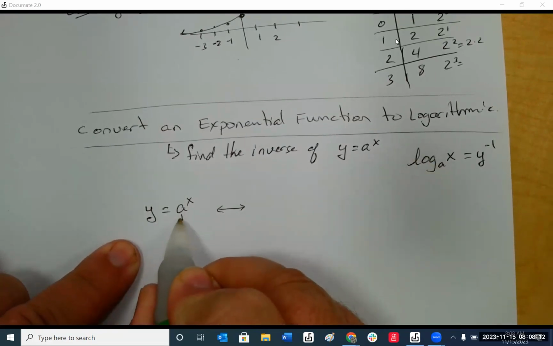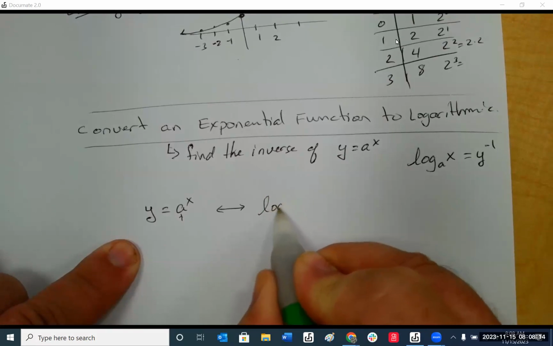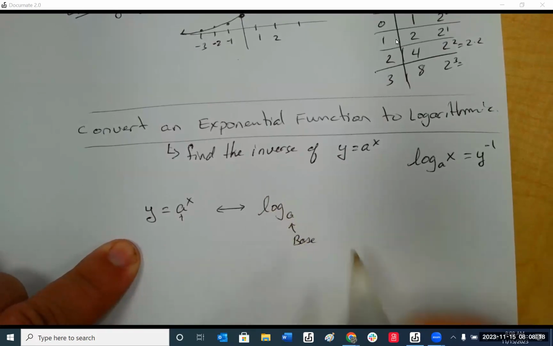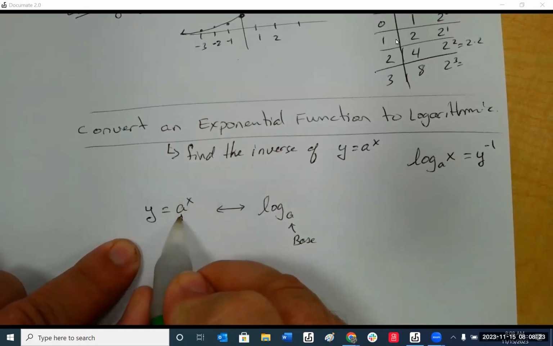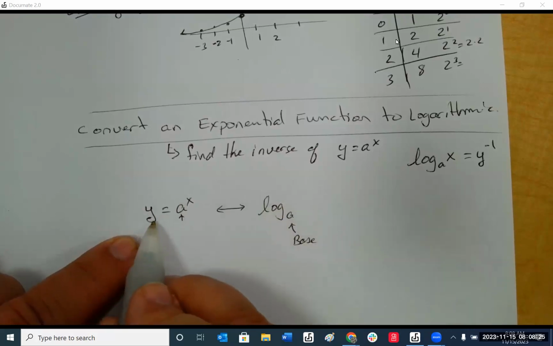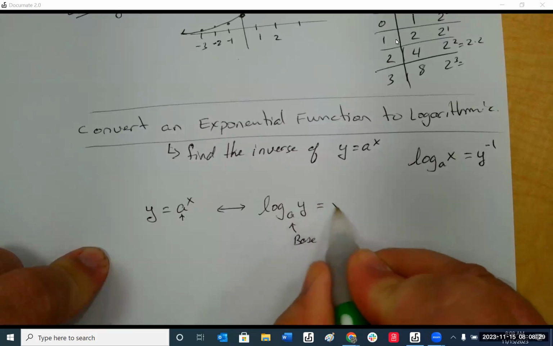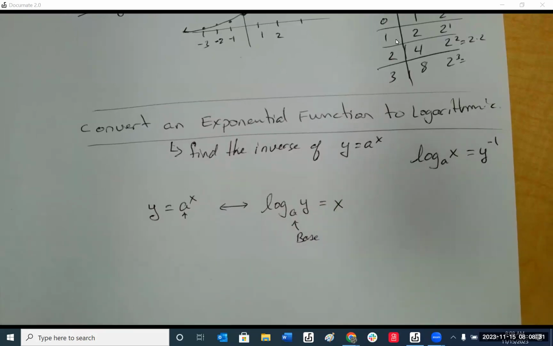So again, this is the base, this is the base, so they have to stay the same. Now, to find the inverse, remember we had to switch x and y. So there's the conversion.